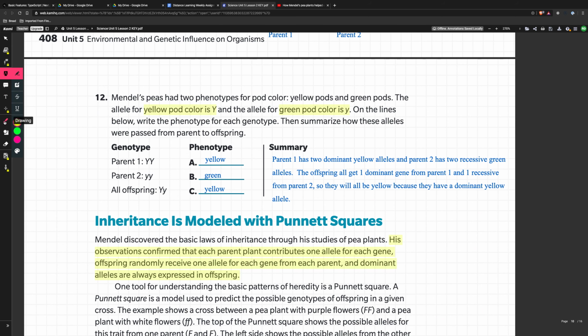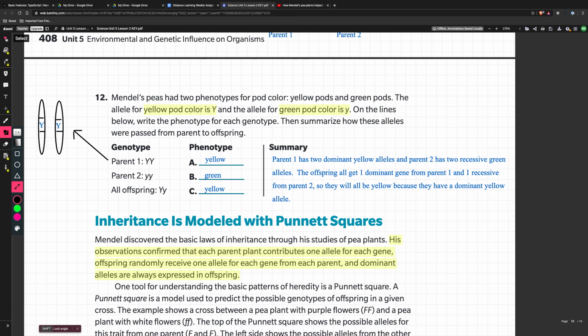Imagine parent 1 like this, and somewhere in there it has the gene Y, and it has the gene Y. I'm not going to draw the other ones, but somewhere in those 2 chromosomes it has 2 Y's. There's one of the genes. So this is parent 1.